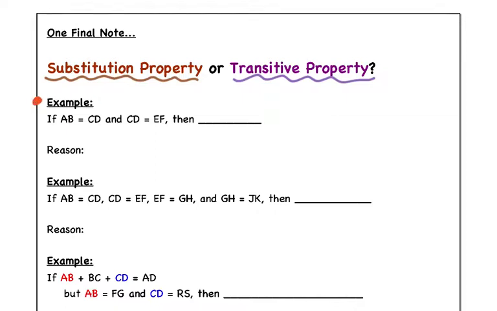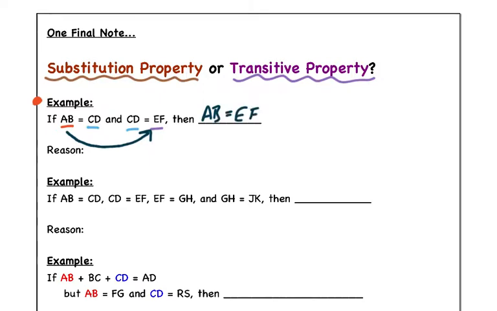Example number 1 here. If I say that AB equals CD, and then I say that that same CD also equals EF, then what can you say? Can you see that because AB equals CD and CD equals EF, I can just jump from here? I can say that AB equals EF.